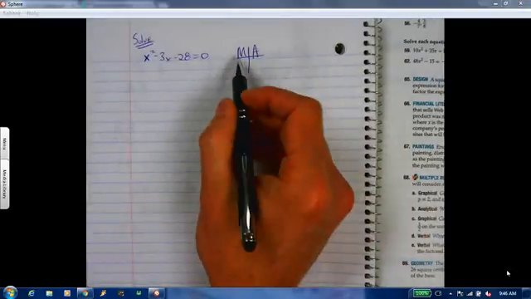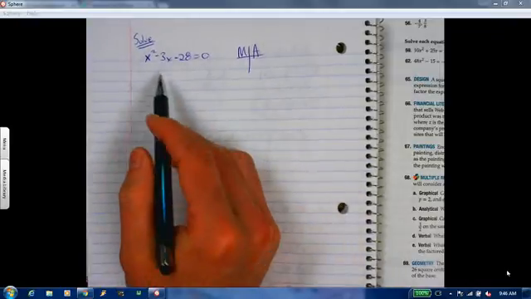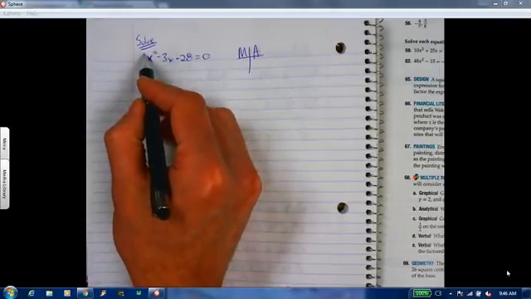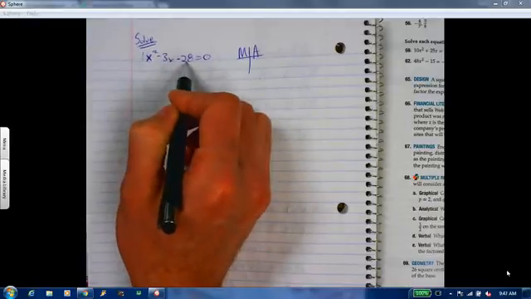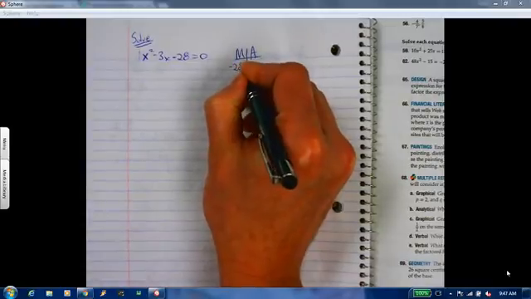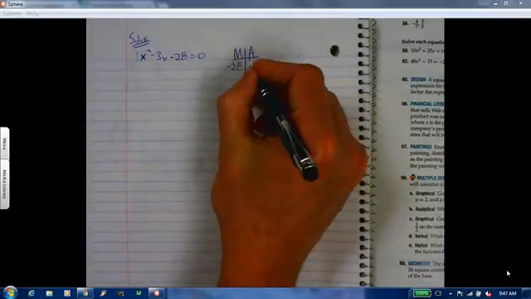So we need 2 numbers that multiply to what? Negative 28. Negative 28. The hesitancy there is telling me we're not comfortable with this yet. And it adds to negative 3. See where those numbers are coming from.